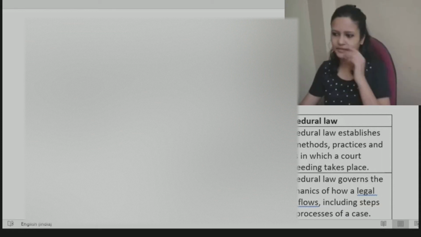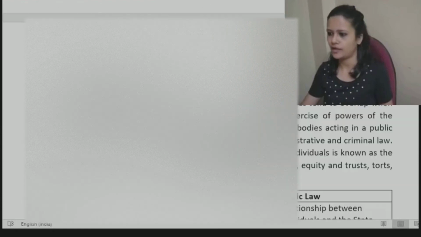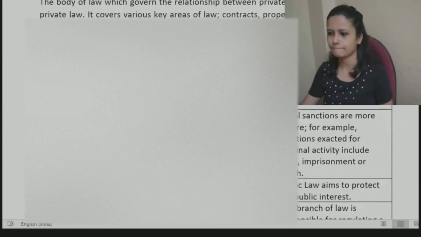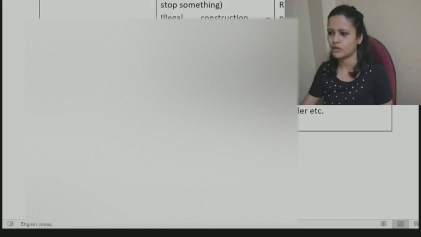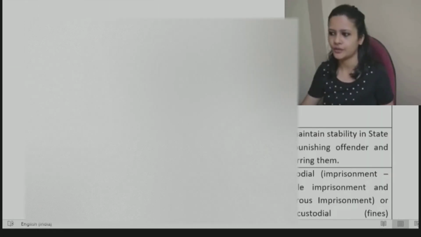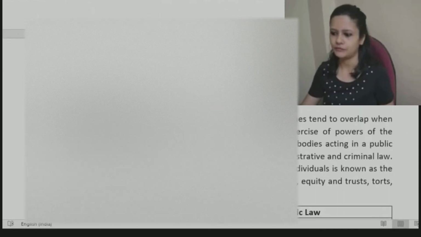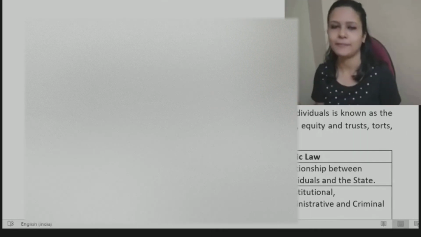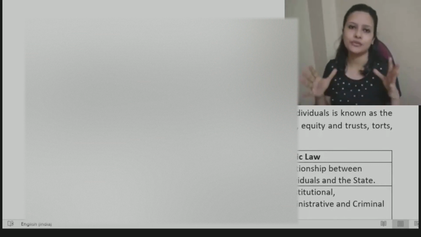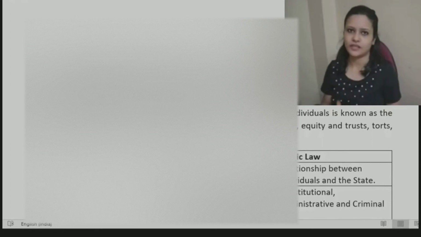So this part we will do today: public, private, common, and civil law. The remaining parts, you can go through the document which I had shared, the differences between the civil and criminal part. Now, when we talk about private and public law, these are two broad classifications of law.